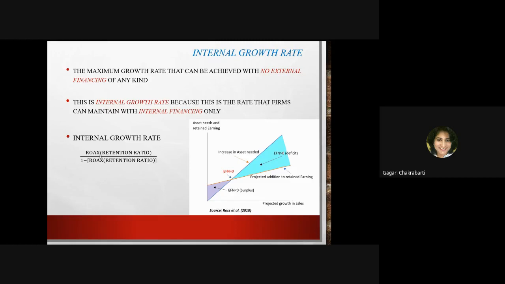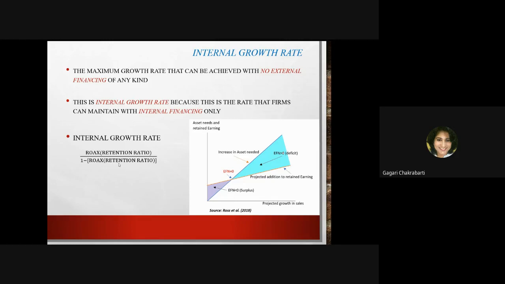So return on asset is actually the return that you are getting from the initial investment, and of that return you are saving something. How much are you saving? ROA into the retention ratio. And in order to find the growth rate, that has to be divided by 1 minus that proportion. So that gives you the internal growth rate.